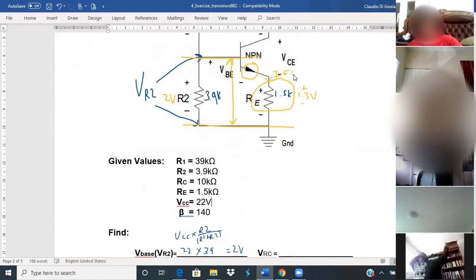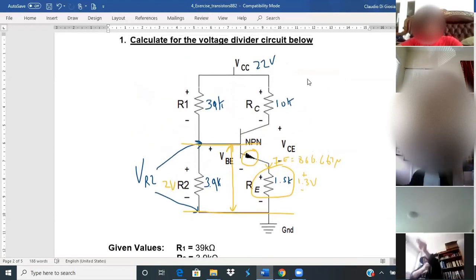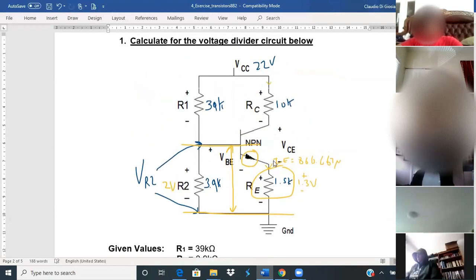So if we have the current here, which is 866.667 micro, it's the same as or close to the current that's here. So once you get IE, it's approximately the same value as IC, and this is called IC because the current's going through resistor C, or the collector.